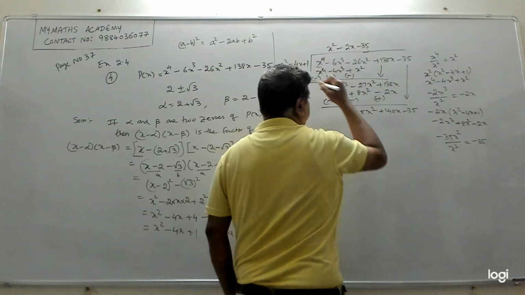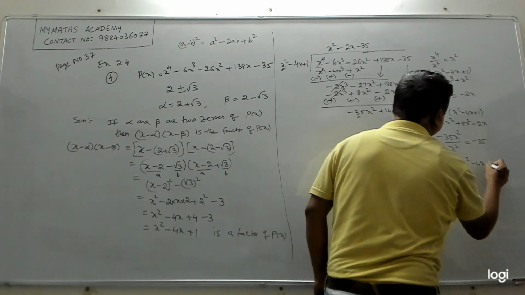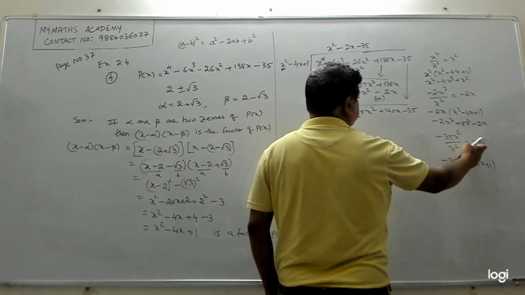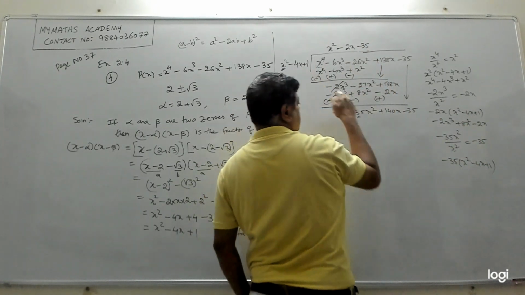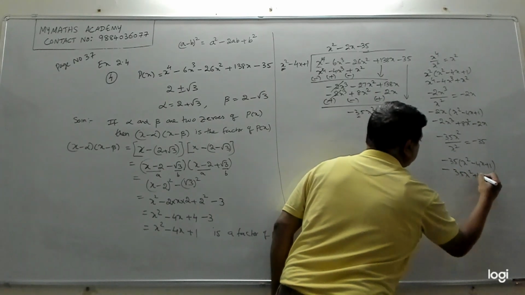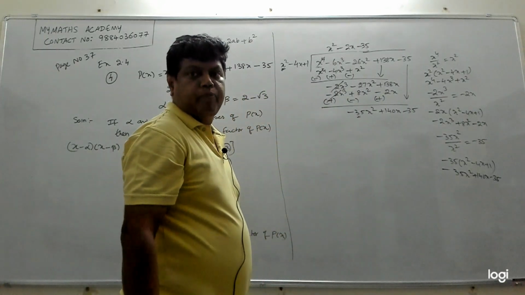Then minus 35 into x square minus 4x plus 1. Right? We have to multiply minus 35, which we write here, then minus 35 into this whole thing. So that is minus 35x square plus 140x minus 35. So what is the value?